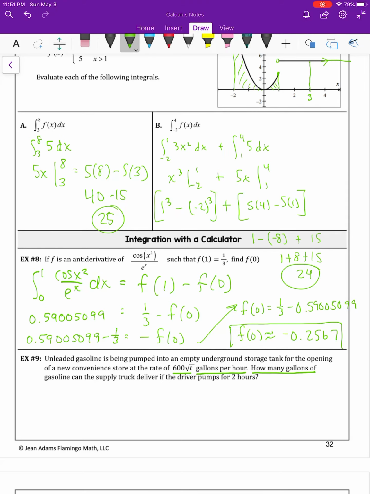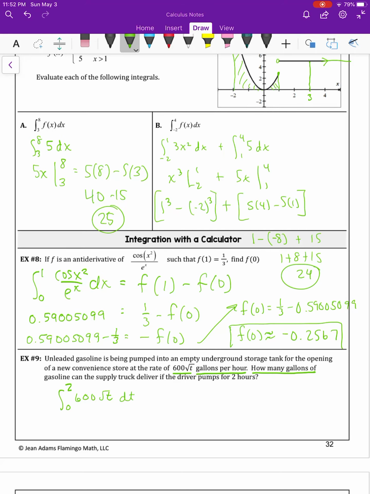If I integrate the rate, I'm going to get gallons because that's the numerator of my rate unit. And it's asking how many gallons. That tells me I need to integrate. And it says per hour for 2 hours. So we would be integrating from 0 to 2 because he's pumping for 2 hours. And this would be 600 square root of t dt.